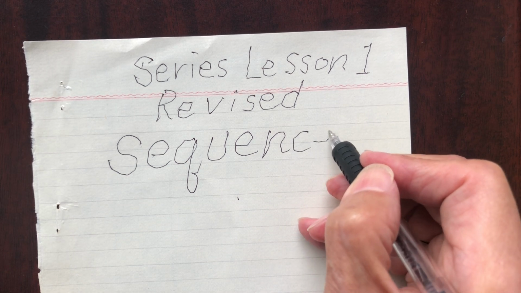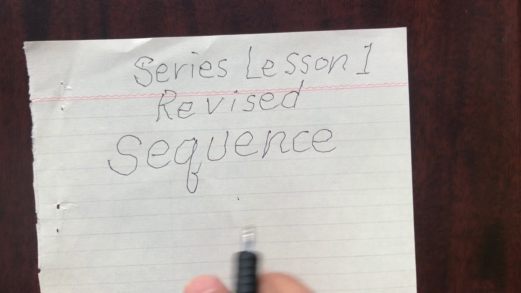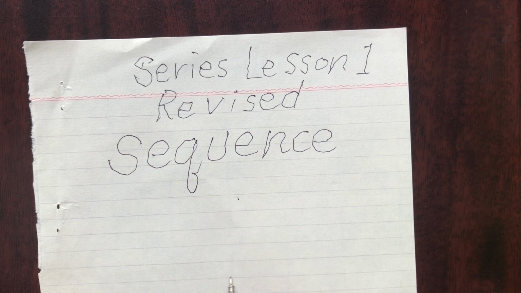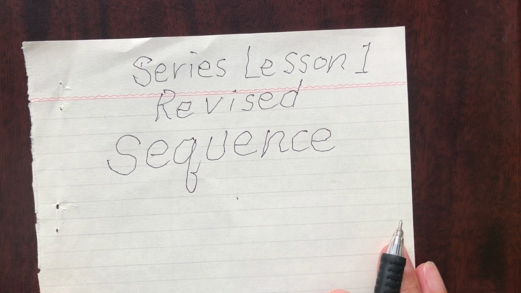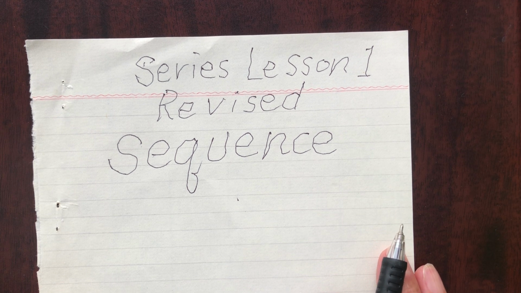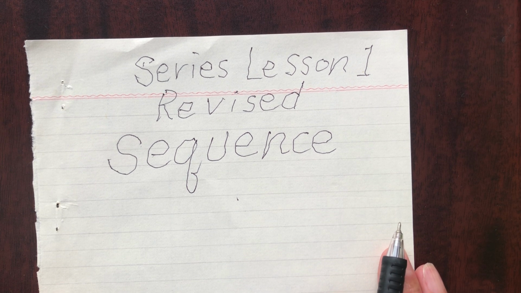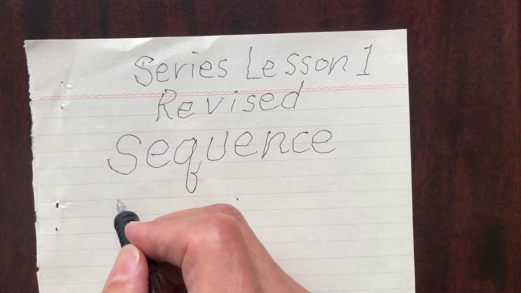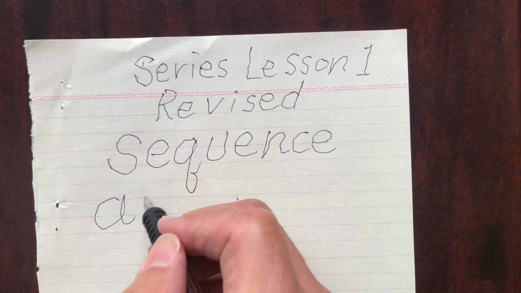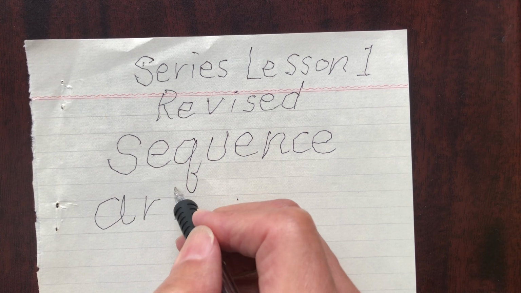What is a sequence? A sequence is just a collection of numbers. But there is a special form of the sequence that is arithmetic sequence.